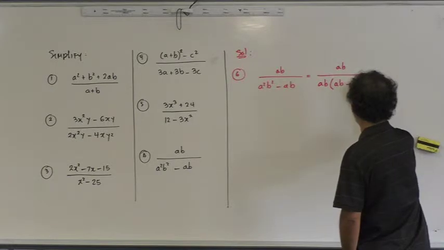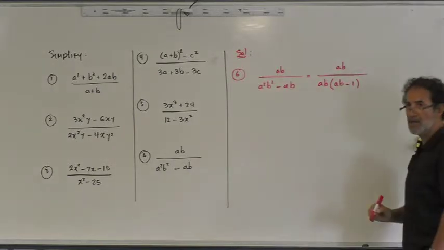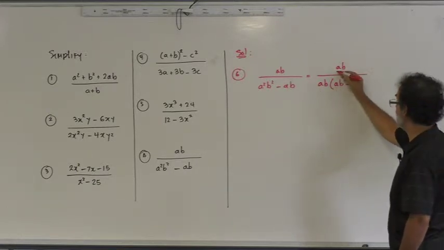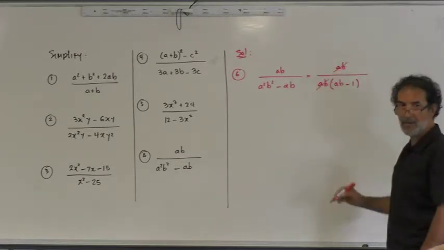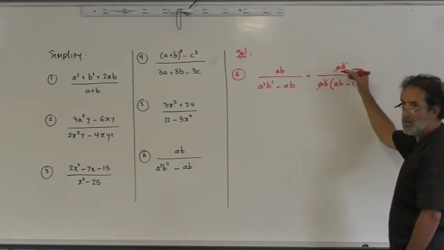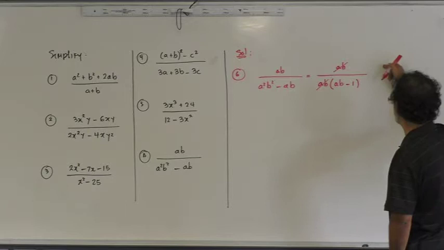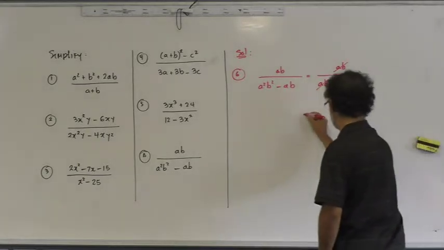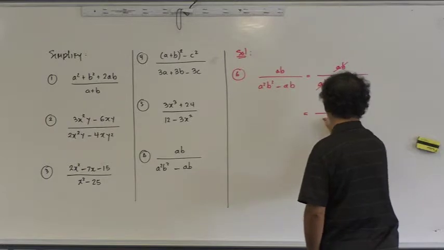AB minus 1. Then you can see that we have this and this, so we can cancel that one and cancel that one. But you got to remember that we still have 1 in front of the AB. There's no way you're going to say that is equal to 0 over AB minus 1. It's 1 over AB. So it's 1 over AB minus 1.